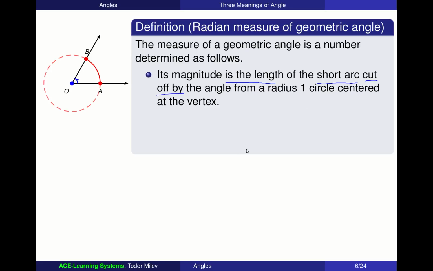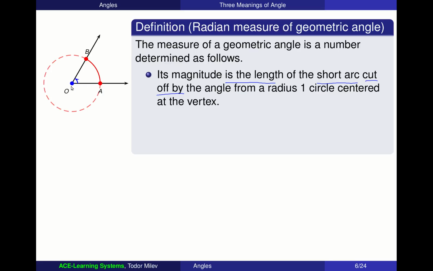In other words, the measure of a geometric angle, that's a length, which is given in the following way.